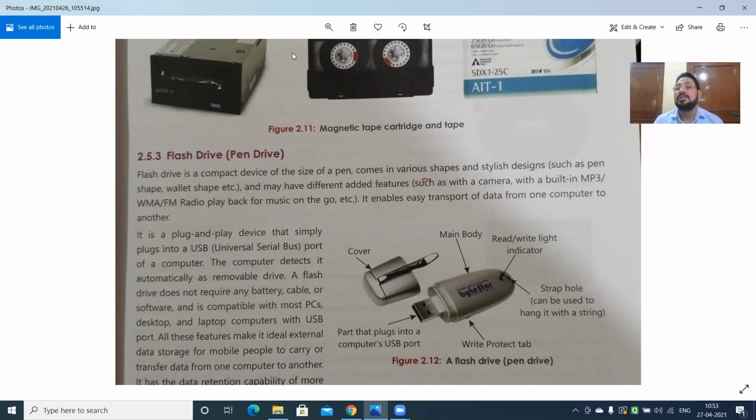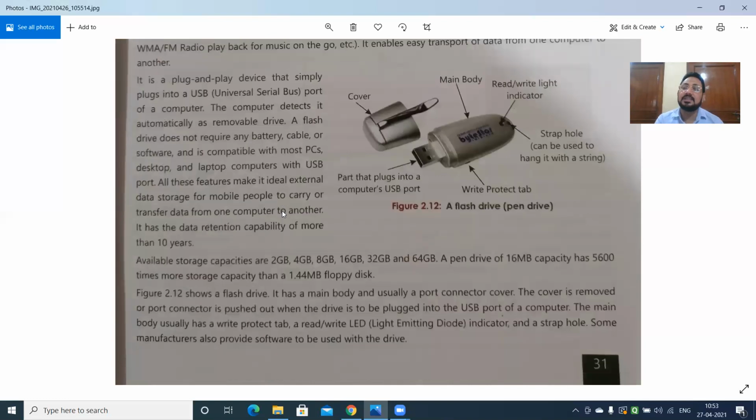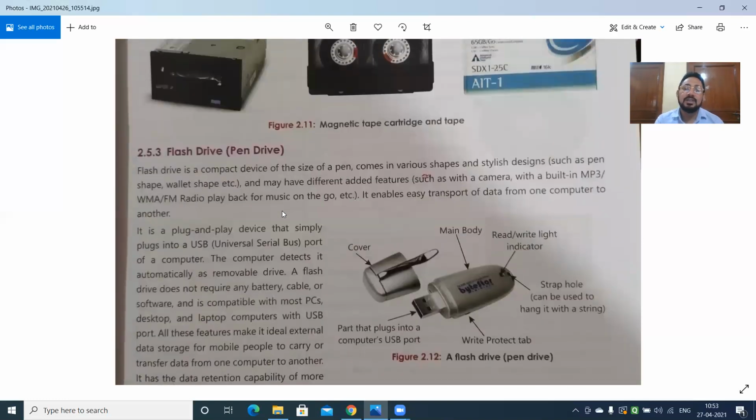The main thing is easy transport of data. Easily you can insert it into a system, copy the data, and take it to another system or another place. It is plug and play. Just attach it by simply plugging into a USB port of the computer. There's no cable required because you can directly connect it to the USB port.